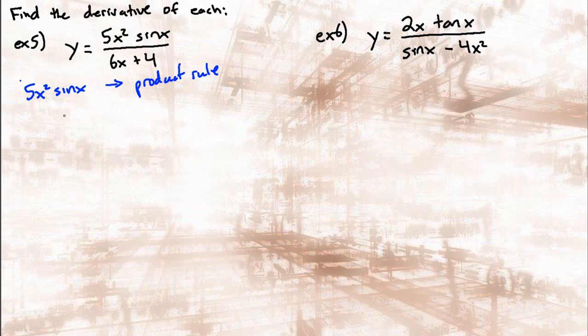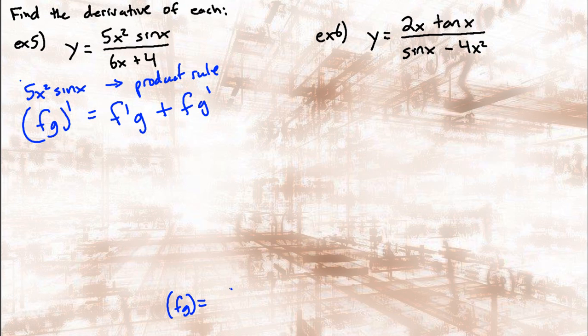So when I'm doing this derivative, I need to remember my product rule, which says that if I have two things multiplied together, I'm going to do the derivative of f times g plus f times the derivative of g. It's very similar if we take a look at the quotient and product rules.